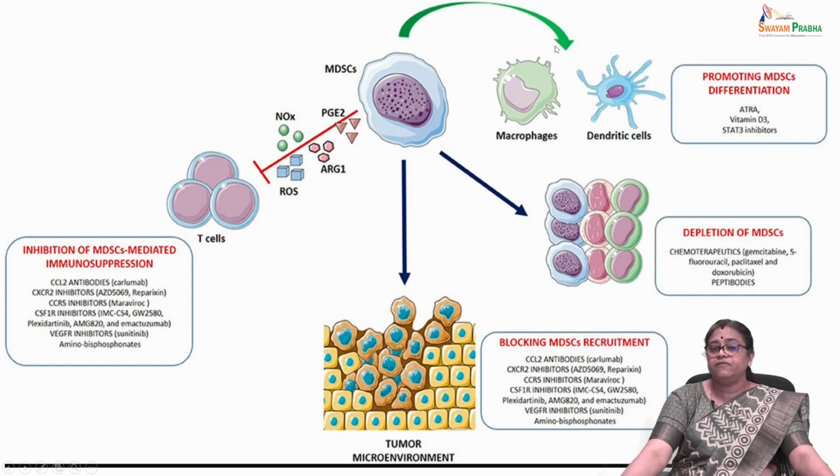Similarly, one could have methods to deplete this population. That is done by chemotherapy using several agents like gemcitabine, 5-fluorouracil, paclitaxel, doxorubicin. All these chemotherapeutic drugs can bring down or deplete this population.